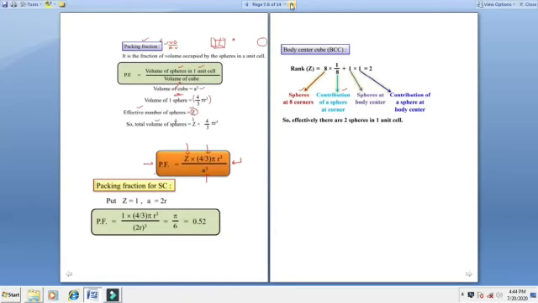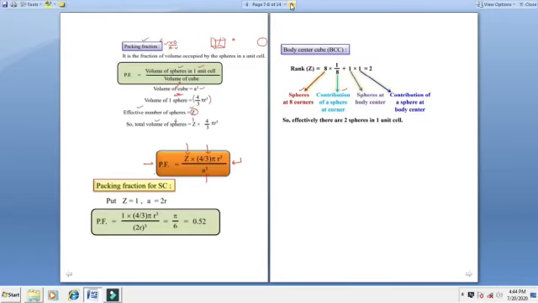Now let us come to the next, that is packing fraction. It is the fraction of volume occupied by spheres in a unit cell. If you look at the formula, packing fraction is given by volume of spheres in one unit cell divided by volume of cube. Now you know very well that volume of cube is given as a cube, side cube.